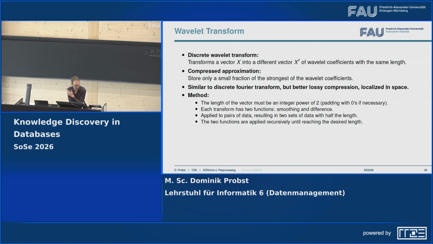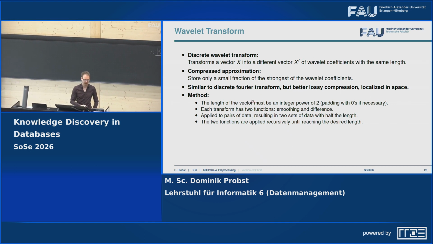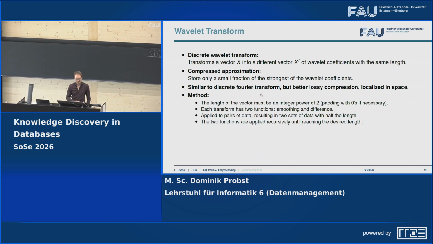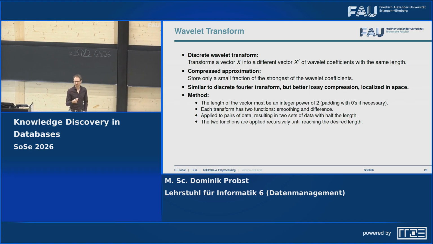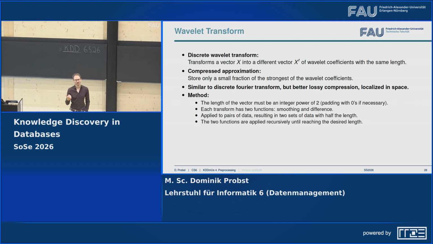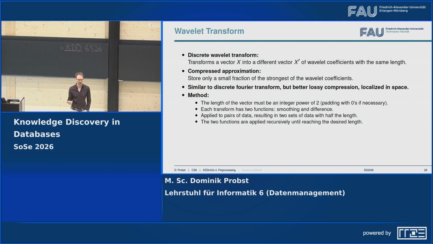Basically, in our method, we are taking a look at a vector of data. This vector must include a number of values that is a power of 2. Of course, with one value we can't do any reduction. Let's say 2, 4, 8, 16, 32, and so on values.